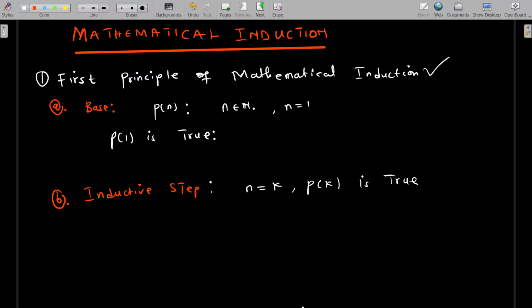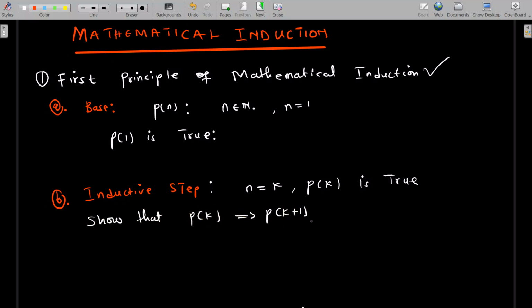So for some given n equals k, you work out and show that p of k implies p of k plus 1.